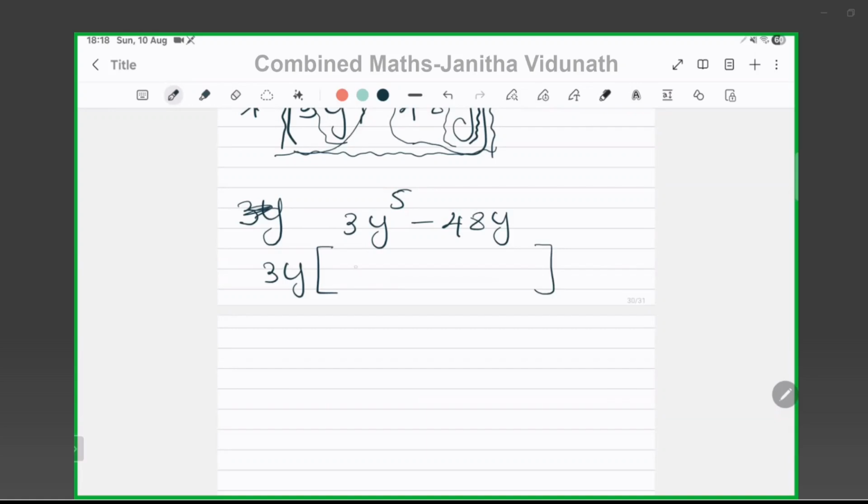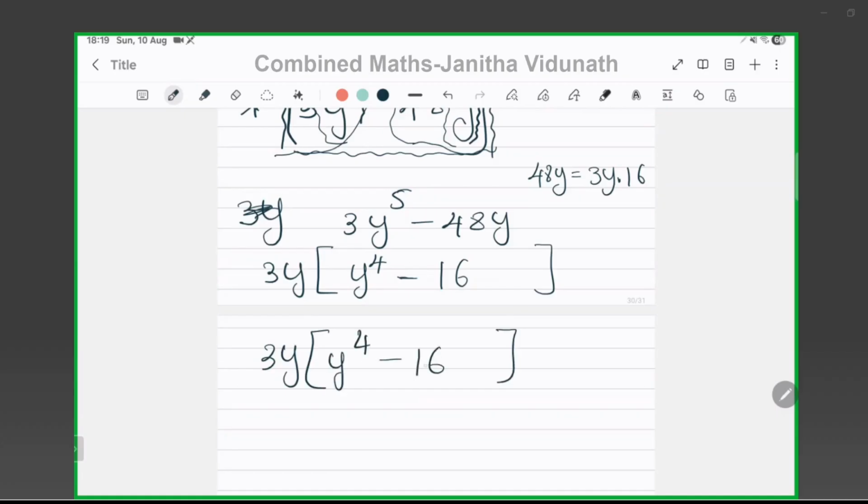Here we have y to the power 4. And here 48y is 3y times 16, so 16 remains. Now the first term we take out 3y, and here remaining is y to the power 4 minus 16.